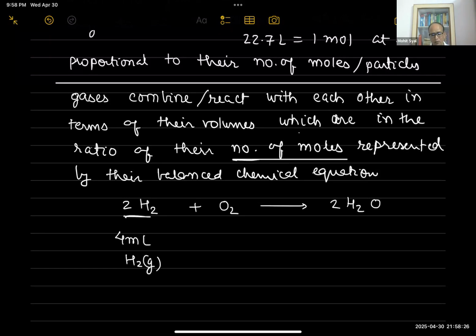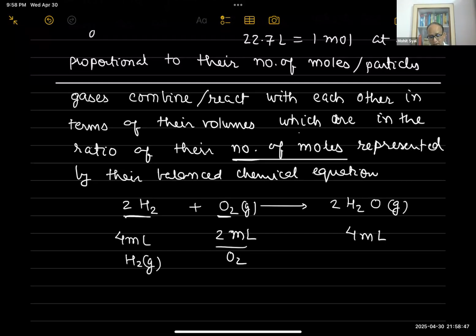Because this is twice the volume, so this should be half of the volume of the hydrogen. So this is 2 ml. And if the water vapors are formed, how many ml of water vapors will be formed? 4 ml. Okay, if I take it as vapors.